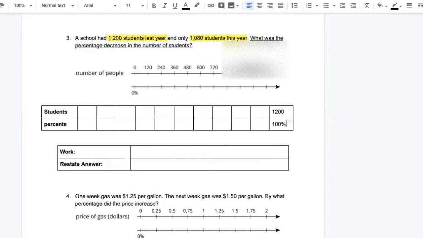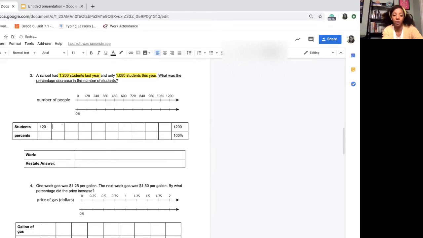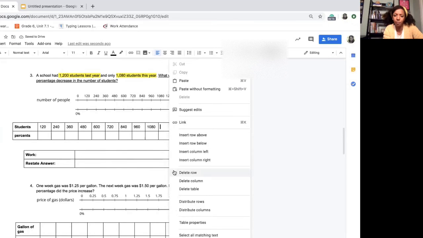I separated my double number line and my table into percents and students. So now, what are we going to count by? So I have 120, 240, 360, 480, 600, 720, 840, 960, 1080, and 1200.